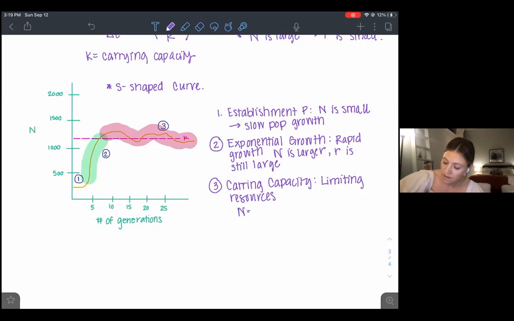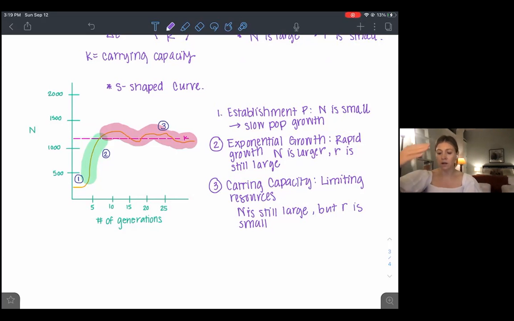Our N is still large, but the R is small. Okay. And one thing to think about is we usually don't see a population reach the carrying capacity and stay there. There's often a little bit of an overshoot and then a hover around that carrying capacity, dipping a little higher, a little lower, but hovering around that space.